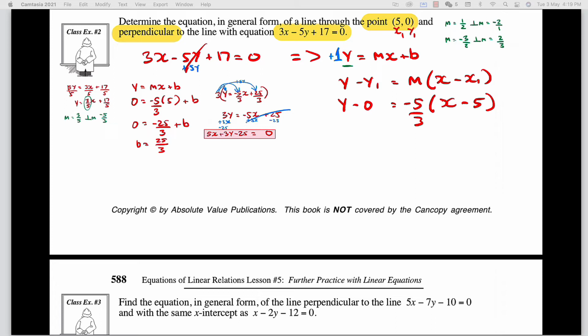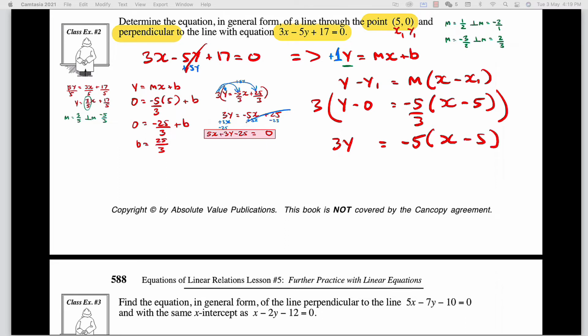So if I multiply everything in here by 3, it's going to be 3 times y, which is 3y. 3 times 0 is nothing, equals 3 times -5 divided by 3 just gives us -5, and I've got this x minus 5.